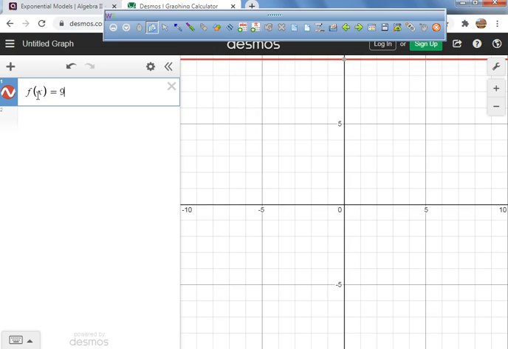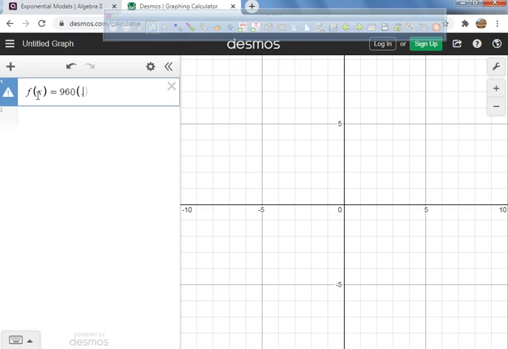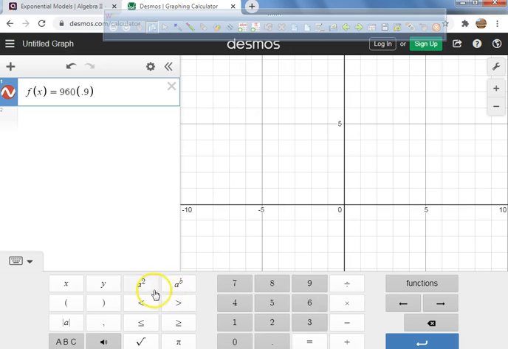It was equal to what? 960 parentheses 0.9, right? Or 0.90, whatever. All right, raised to the power of, okay. Then we got to do another fraction, right? So hold on, I got to do another fraction. There we go. So I'm going to put x over 871.